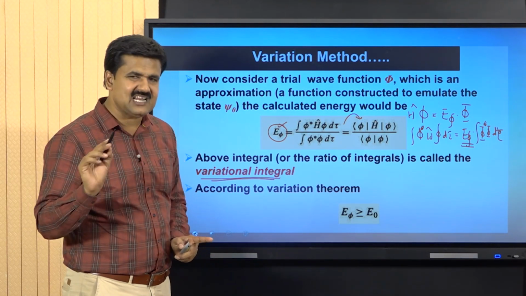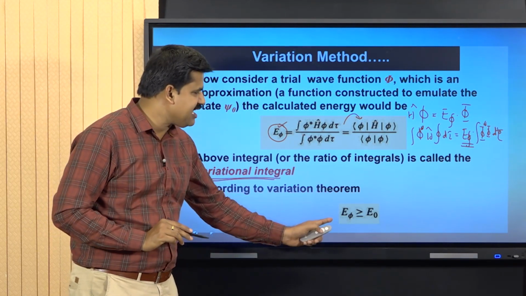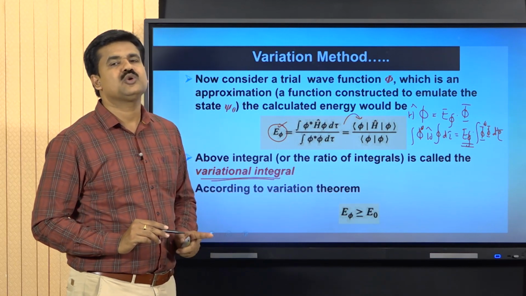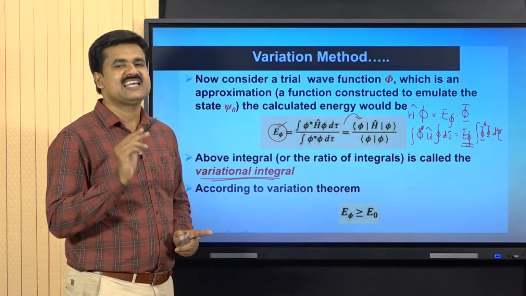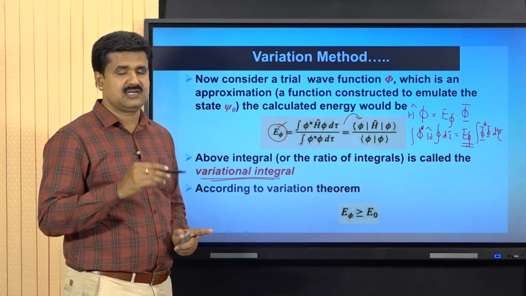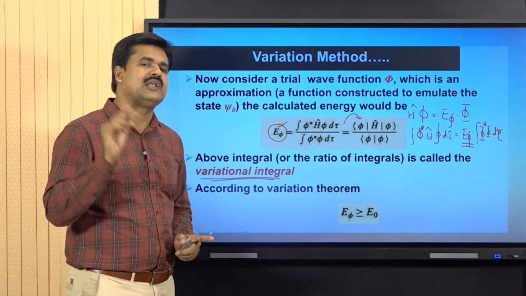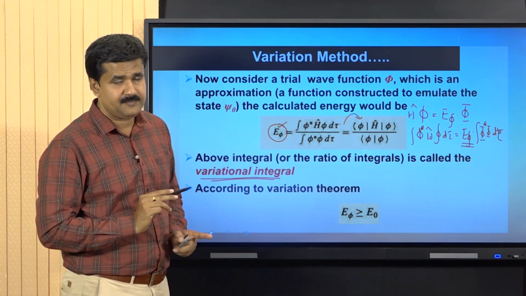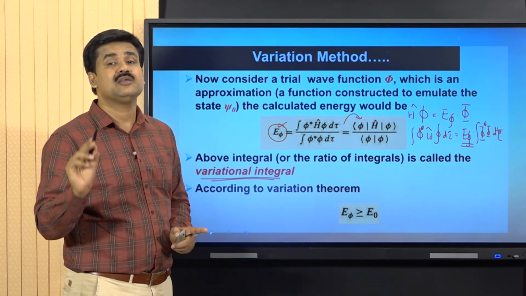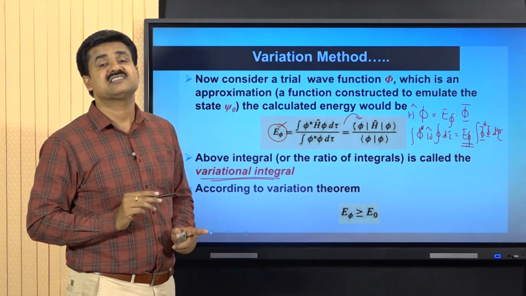So, in general, we can say E phi is greater than or equal to E0. That is, the calculated energy will always be an upper bound to the ground state energy. The calculated energy may be equal to the ground state energy provided the trial wave function is equal to the original wave function psi 0.